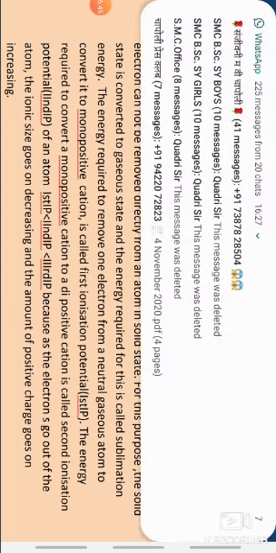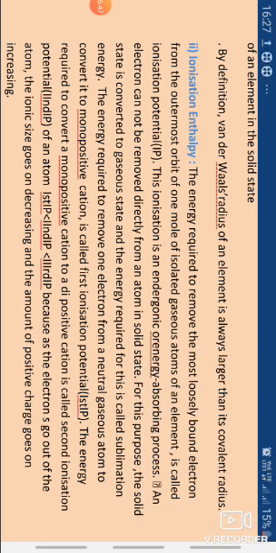The energy required to remove that electron is the ionization enthalpy. So remember that ionization enthalpy is always positive.